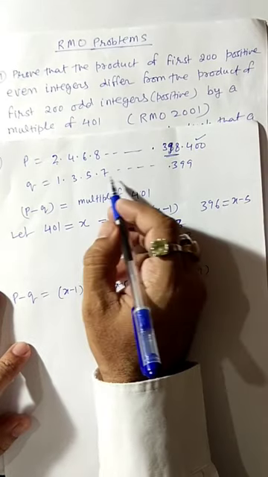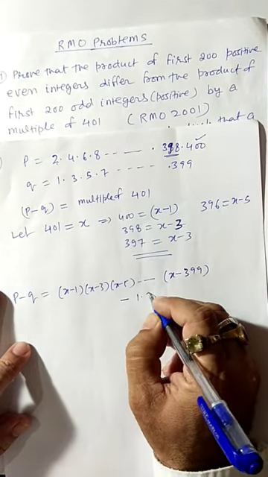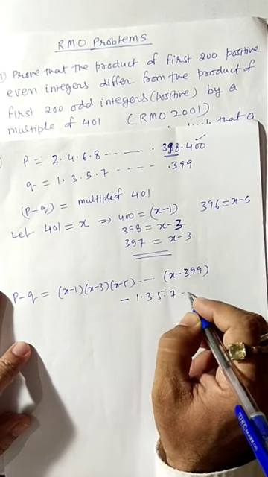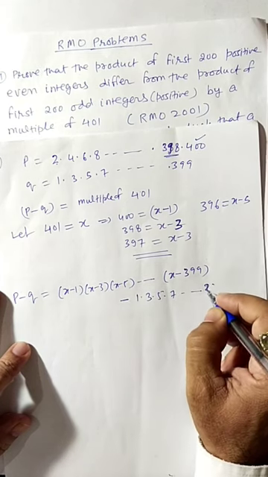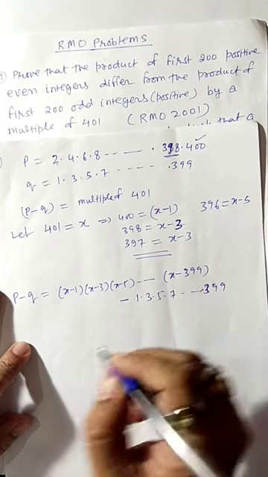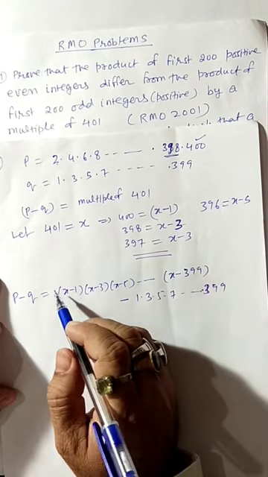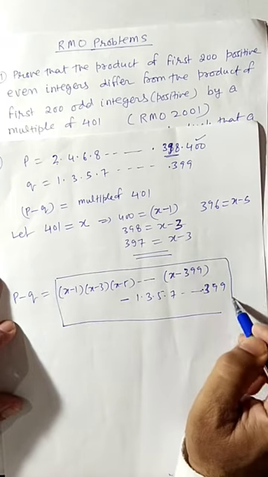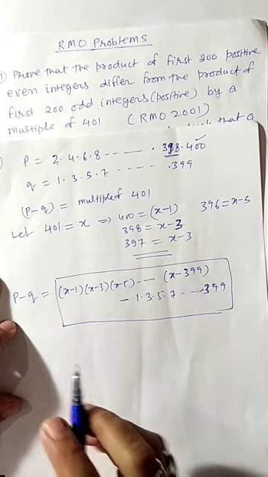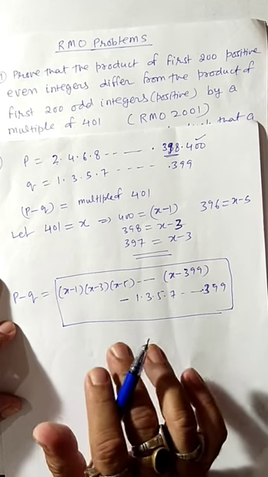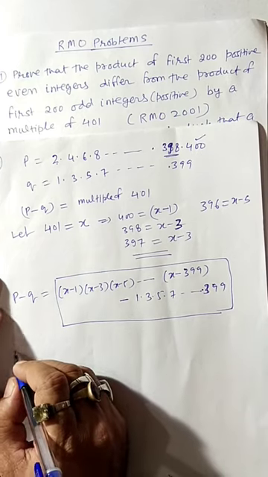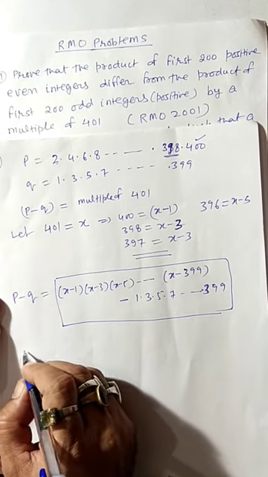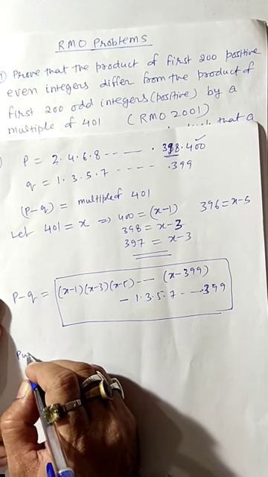Q means 1 into 3 into 5 into 7 up to 399. Now this entire thing is a polynomial, and we have to find whether x is a factor of this polynomial or not. So to check the factor, put x equal to 0.